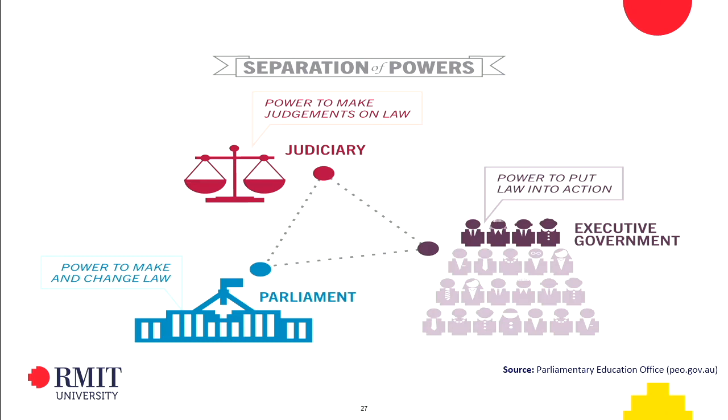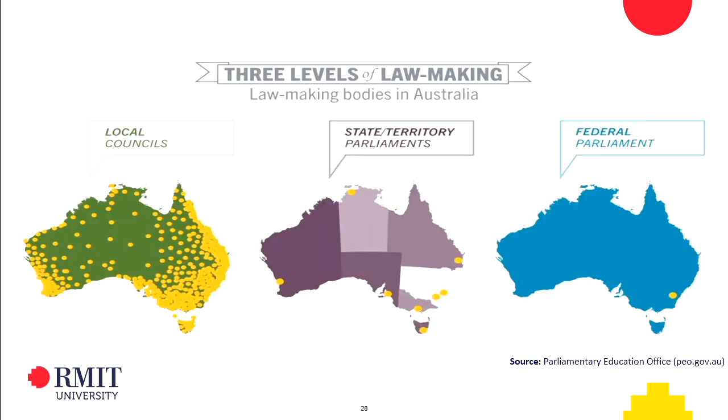But in saying that, I think our system is still effective because there's not one body that has all of the power. Yes, they can influence each other, but the main premise of a separation exists. The separation of powers is incredibly important to understand what each body does.